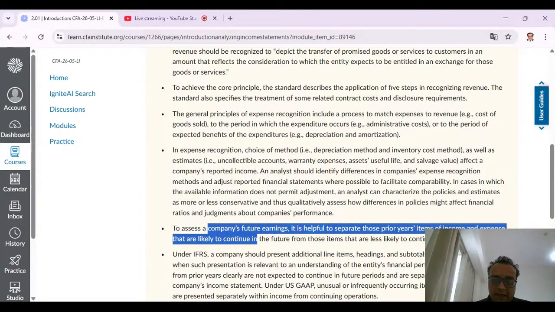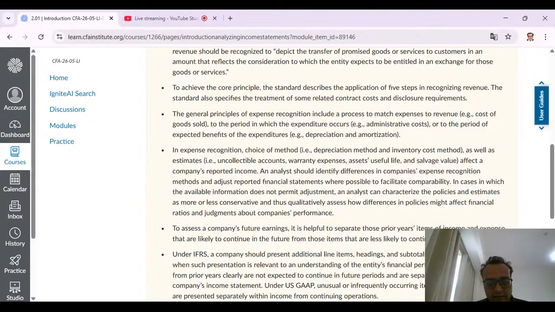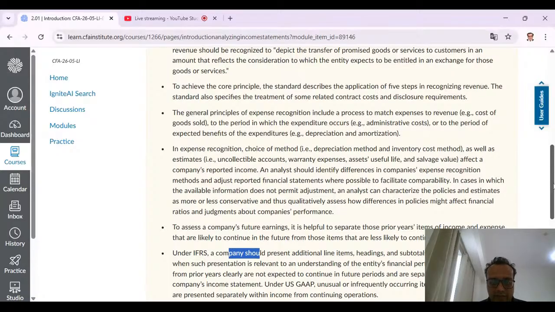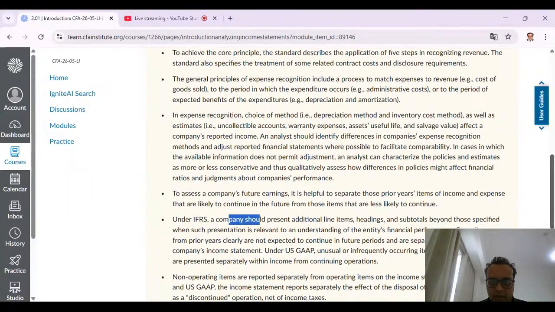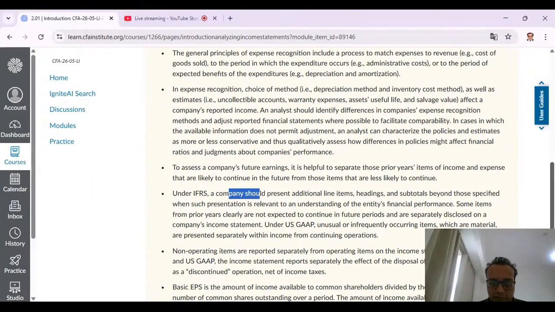To assess a company's future earnings, it is helpful to separate those prior years' items of income and expense that are likely to continue in the future from those which are less likely to continue. Under IFRS, a company should present additional line items, headings, and subtotals beyond those specified when such presentation is relevant to an understanding of the entity's financial performance.